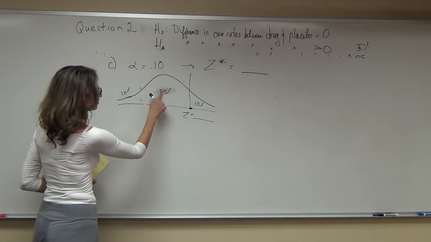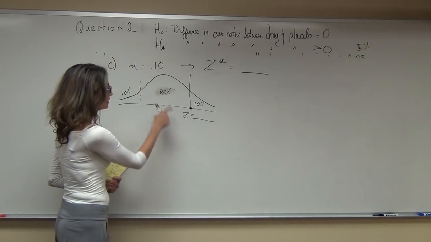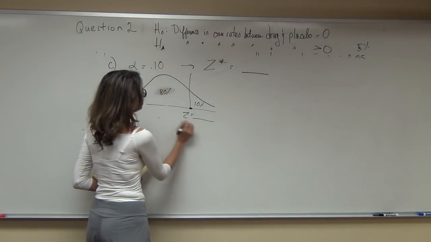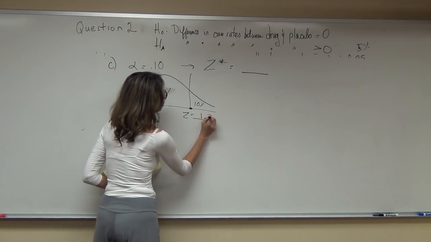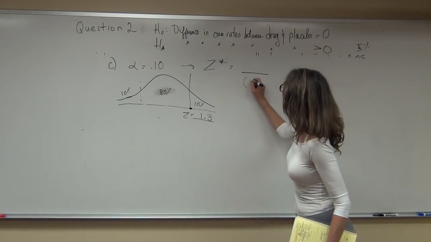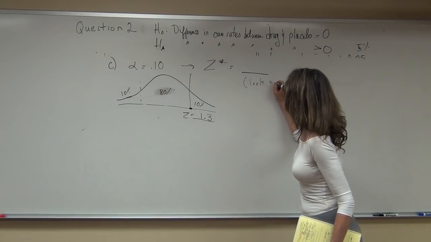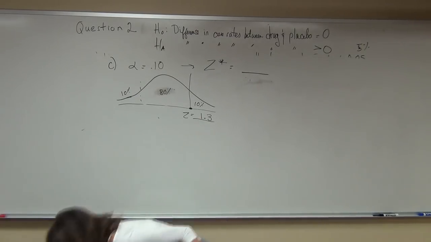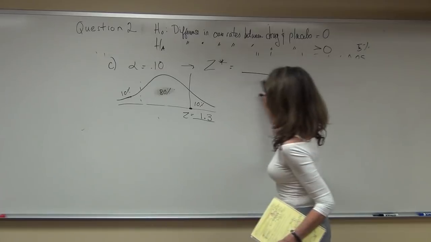Okay? So you'd have to look up a middle area of 80%, which would give you about 1.3. I think you probably understand that. I don't think I have to go any further than that.